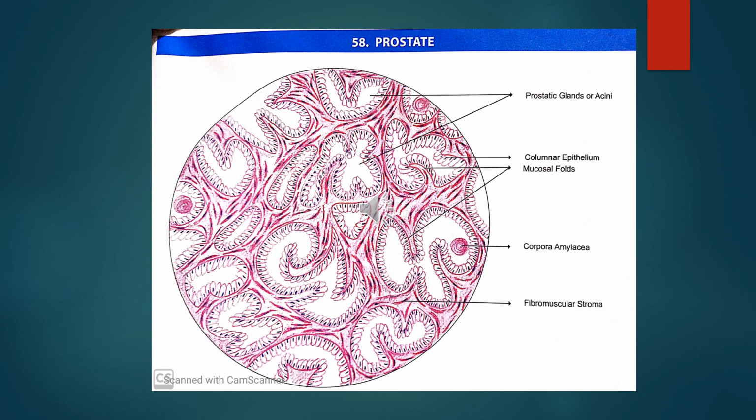Within the follicles, there is presence of amyloid bodies or corpora amylacea, and the fibromuscular stroma separates these glandular elements. Fibromuscular stroma, as the name suggests, consists of a fibrous component, that is collagen fibers, and a muscular component, the smooth muscle.